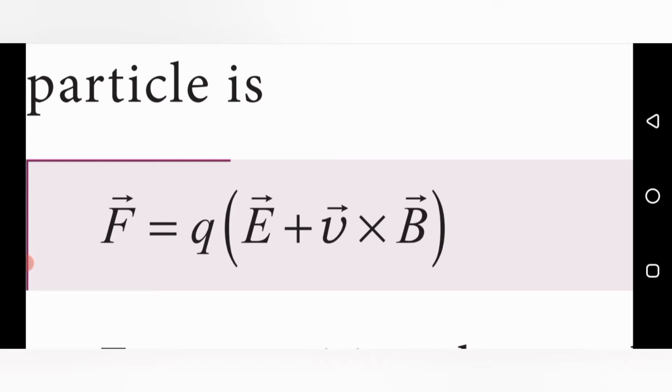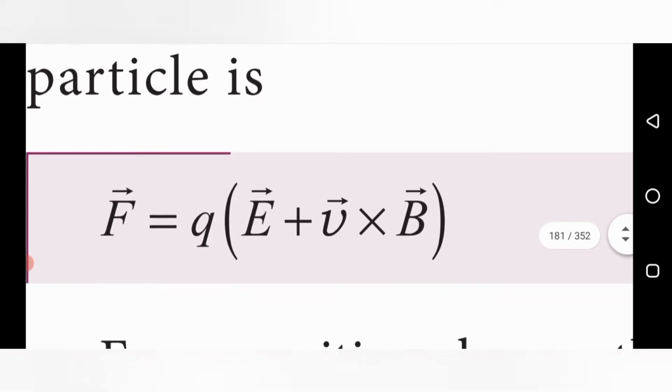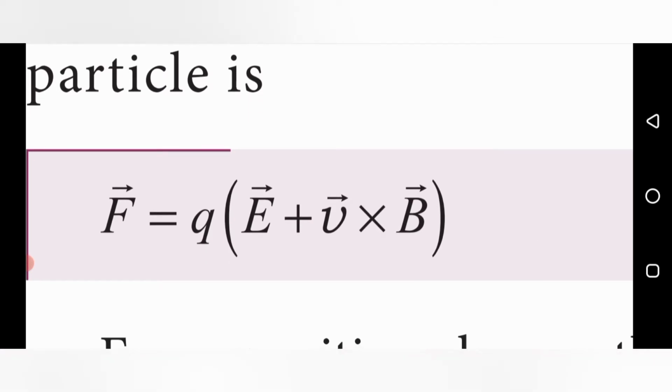This is the net force on the particle moving in the two fields. For a positive charge, the electric force acts in the downward direction and the Lorentz force acts in the upward direction, so these two forces can balance one another. That is why we can equate the two forces.